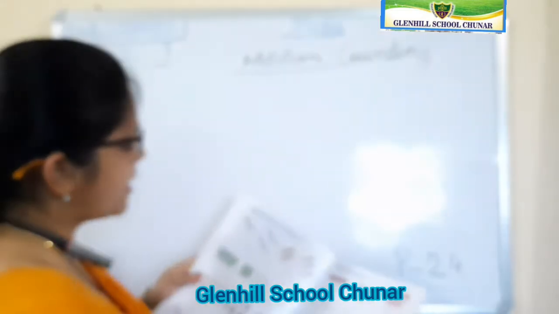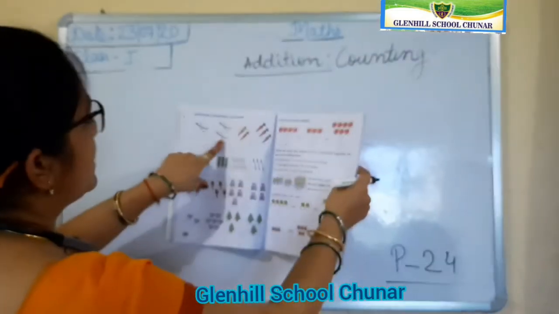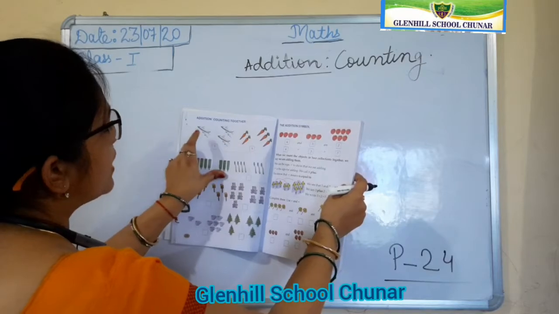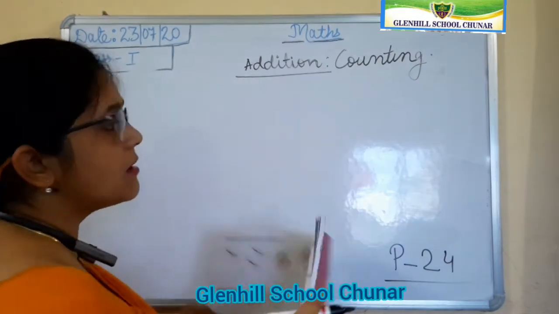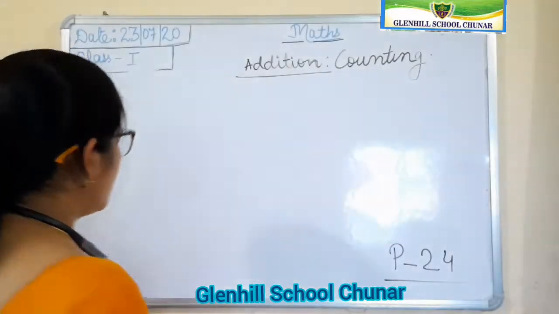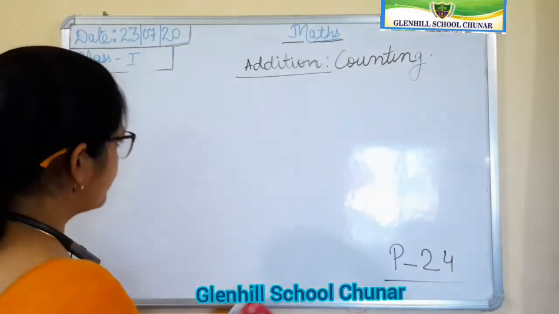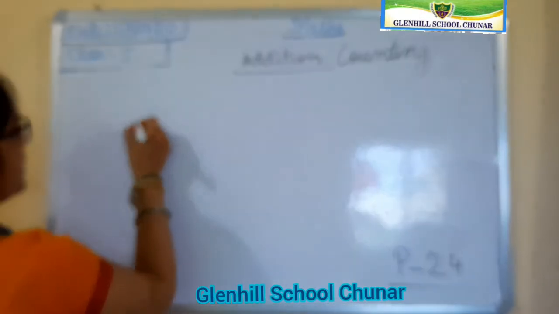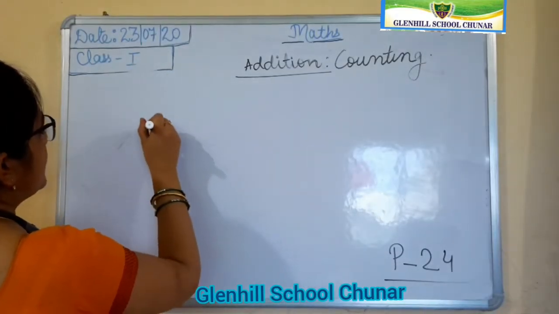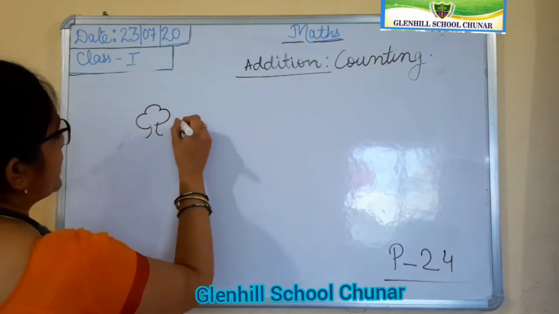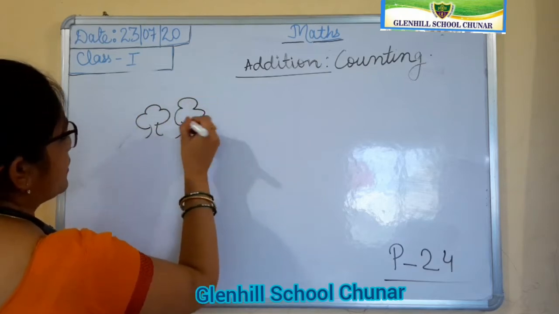See, one aeroplane here and here it is two aeroplanes. So you have to count together: 1, 2, 3. So here it becomes 3 aeroplanes. Okay. Suppose here it is 1 tree and again 1 tree.